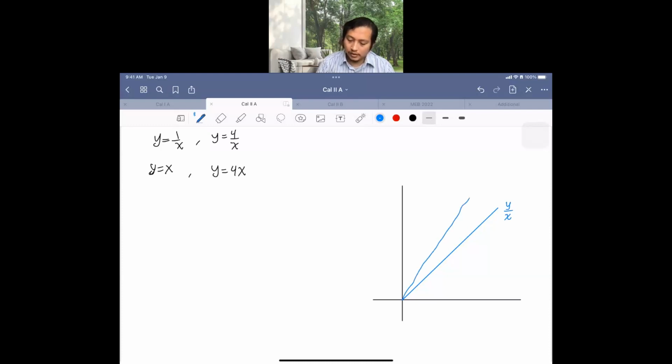So this is 2, 4 maybe here. Let me write it in terms of y over x. So this is y over x equals 4.